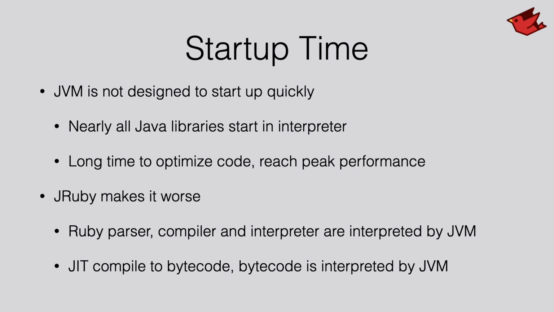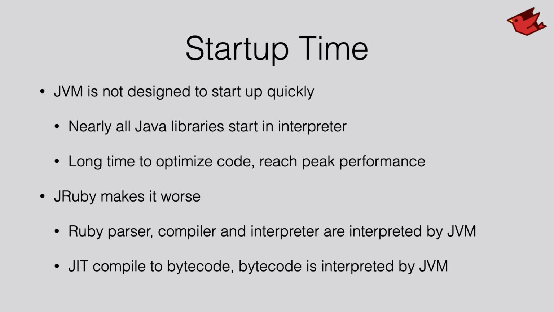It takes a long time for those libraries to optimize, and then we actually make it worse. So the Ruby parser, the compiler, our interpreter for our compiled instructions also are interpreted by the JVM. We do eventually turn Ruby code into JVM bytecode, but then that bytecode takes a while for the JVM to optimize as well.